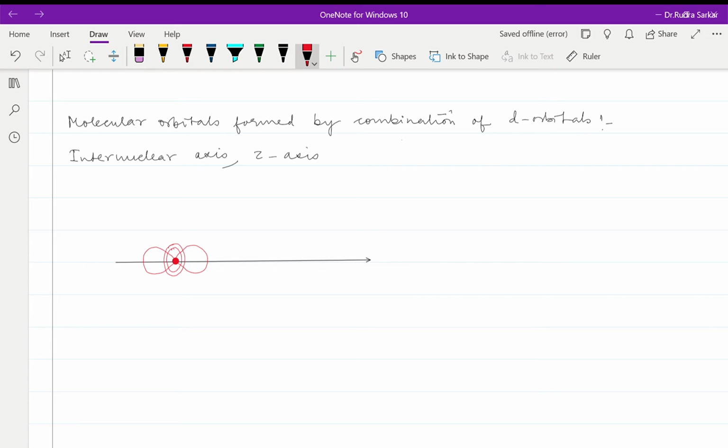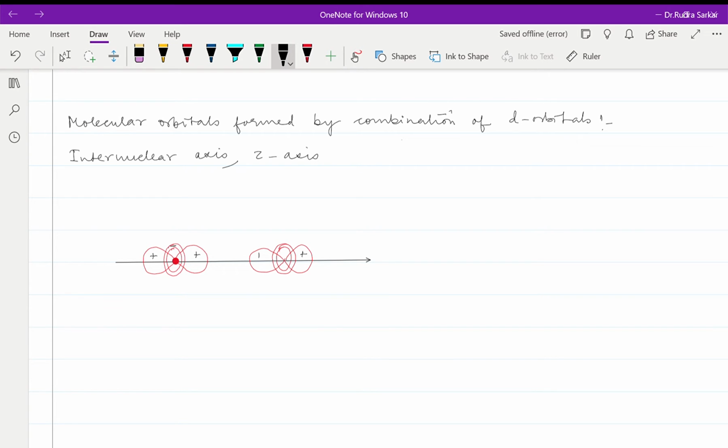Similarly, we can imagine another dz square orbital which also has a donut around the nucleus. Now charge wise, remember this, if it is positive, then this circular donut is the negative part.